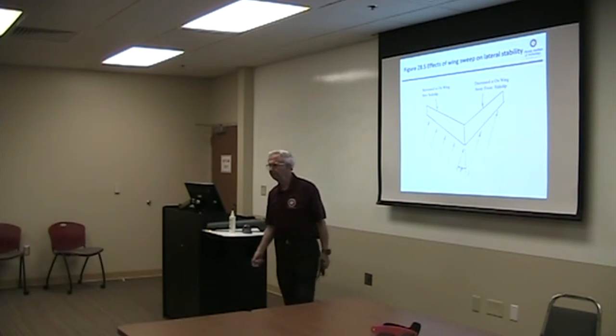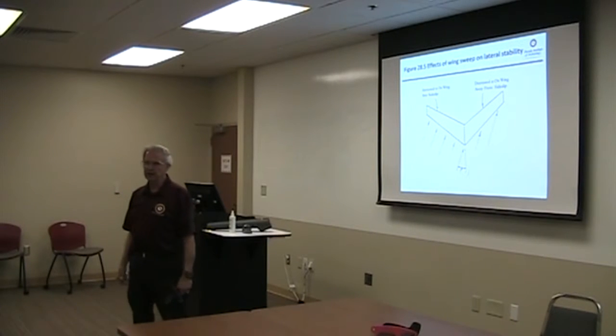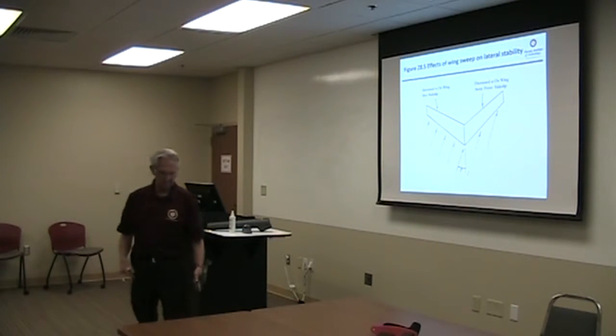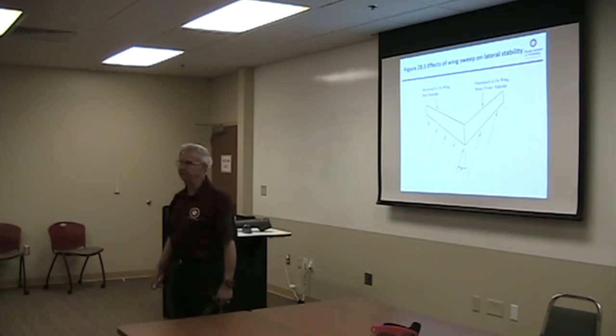For instance, the F-104. F-104 was essentially an engine with a couple of small wings and a T-tail, a T-vertical tail. The wings weren't a lot bigger than this table. I mean, its wingspan was 21 feet, I believe.